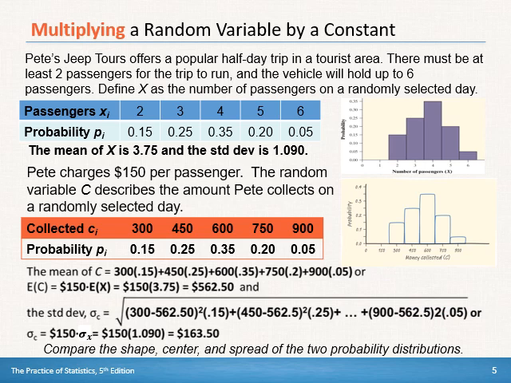We could do all that, but we would get the same value as the original standard deviation multiplied by 150. All right, so we get 136.5. Remember, the standard deviation and the mean are both affected by multiplying. Both would just get multiplied by 150.